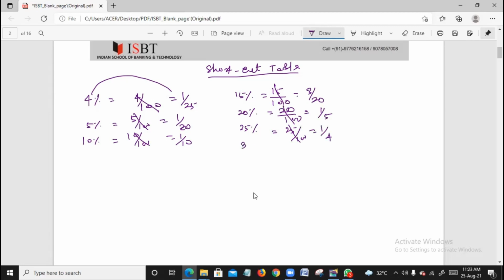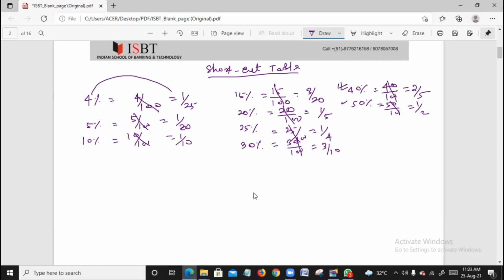Then 30% is equal to 30 by 100 is equal to 3 by 10. Now 40%. Important. 40% means 40 by 100 is equal to 2 by 5. 2 by 5 means 40%. Like this, 50%. 50 by 100 is equal to half.